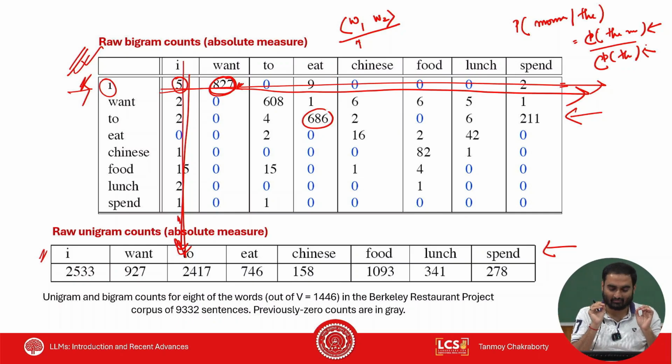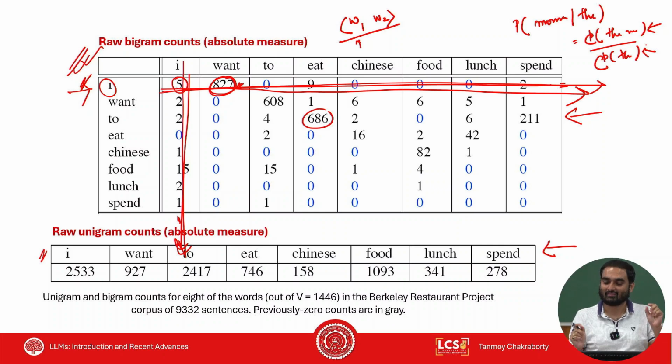Now tell me a case. Can you think of a bigram which is not considered in rows but considered in columns, or vice versa? Very good, the first and last word.